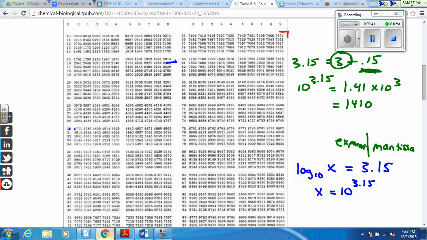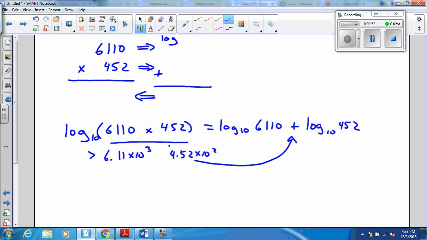I go down to 6.1 right here, and 1. And that value is 0.7860. So the log of 6110 is going to be 3.7860. Notice that I'm adding the scientific notation exponent here.